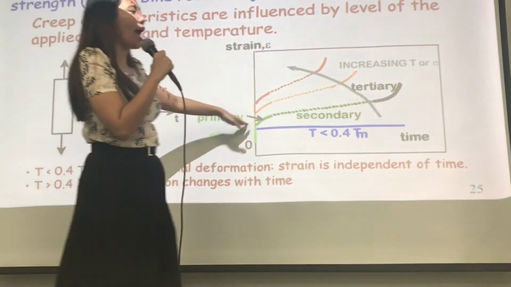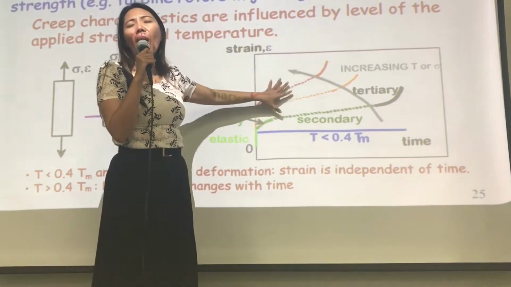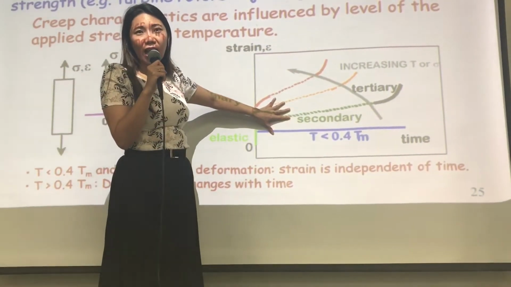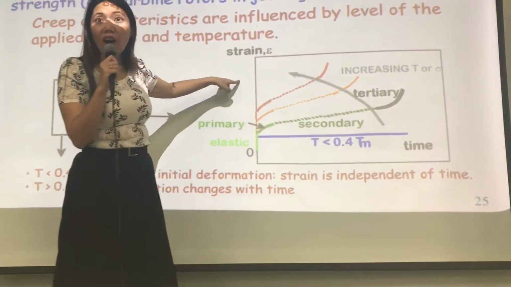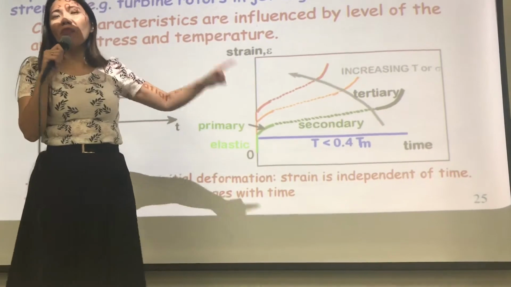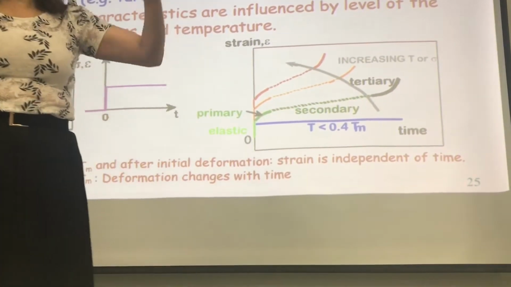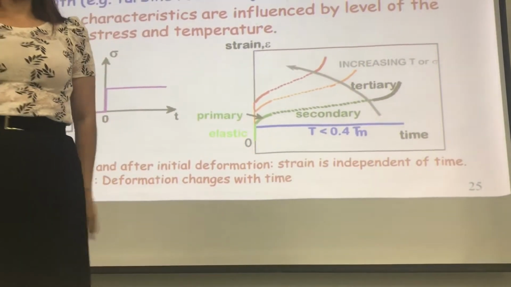Red. Why red? Because you can see from all of these colors, red gives the highest elongation, and higher temperature means higher elongation.